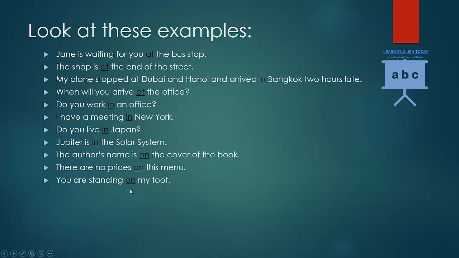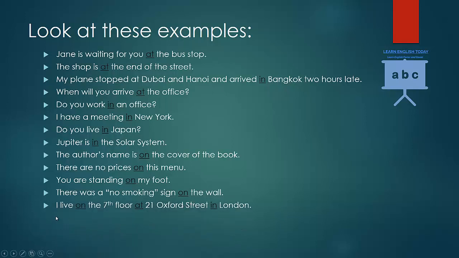Good. We have one more example. There was a no smoking sign on the wall. Again, a surface, so we used on. And the next example, I live on the 7th floor at 21st Oxford Street in London.